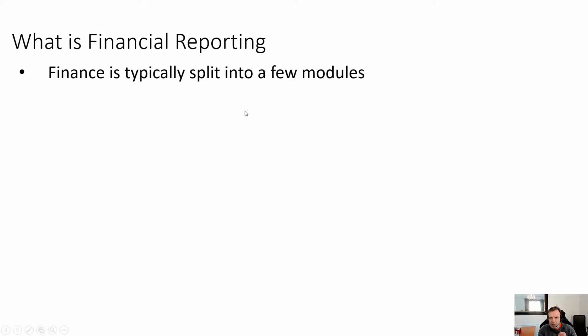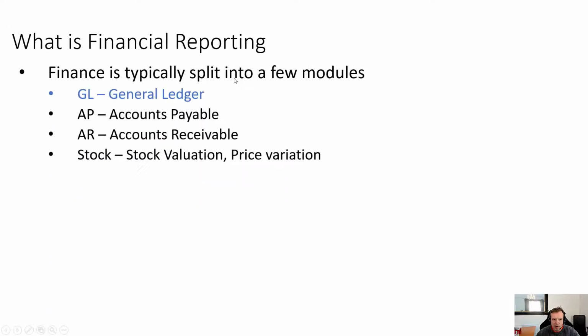To narrow the scope of what we're talking about, finance is a very wide area. Typically when we implement finance for an ERP customer, it's split into a few modules. What we're going to be looking at is the GL, or the general ledger, sometimes called core finance.